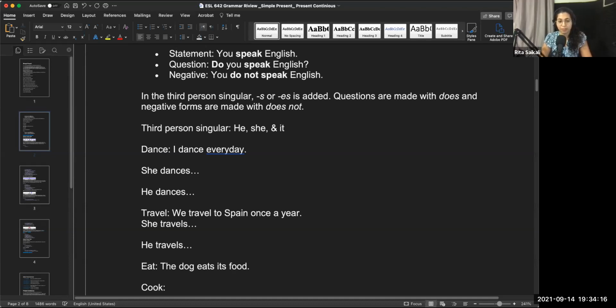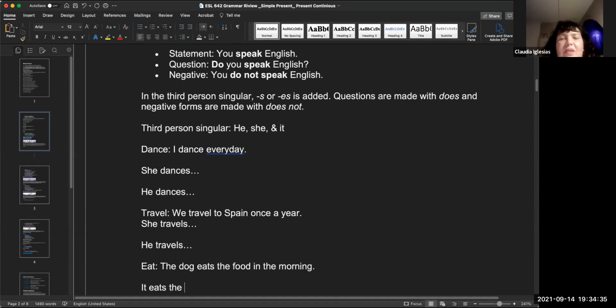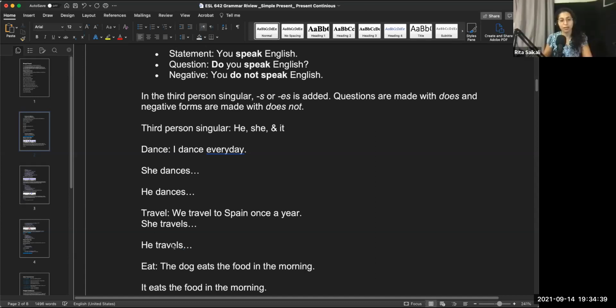Okay. Yes. The dog eats its food. All right. Or the dog, let's make it simple. The dog eats the food in the morning, or we can say it eats the food in the morning. Here, the dog represents it, right?